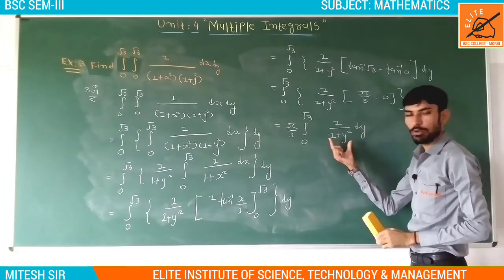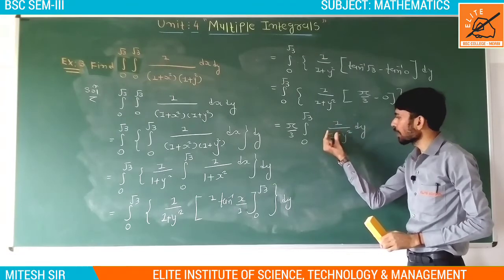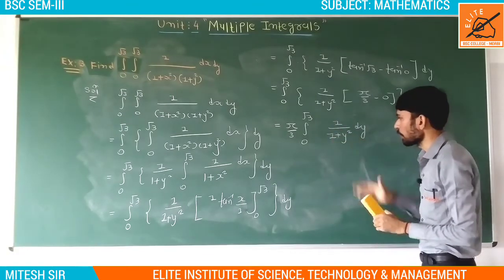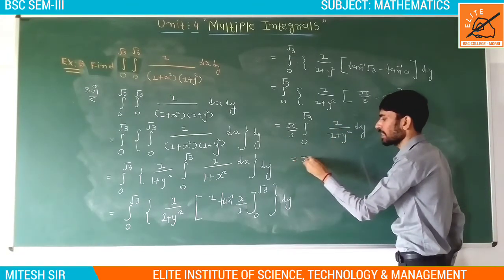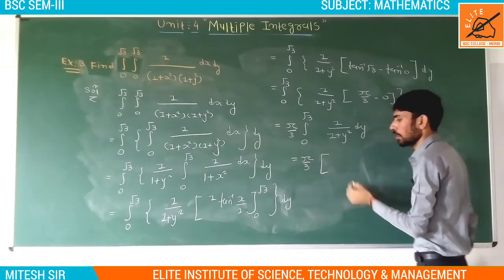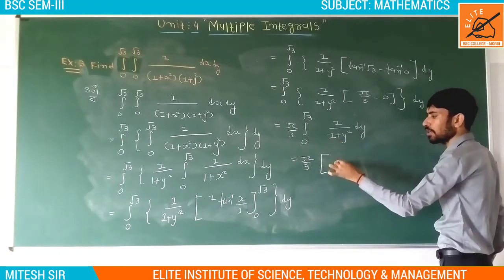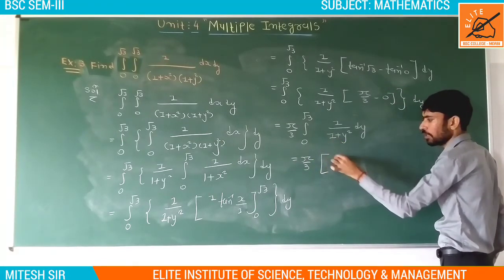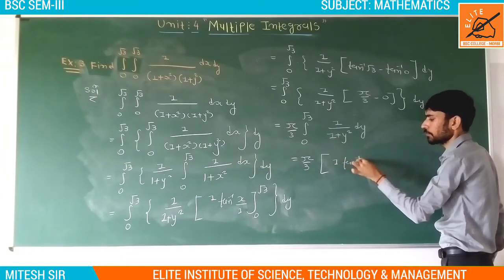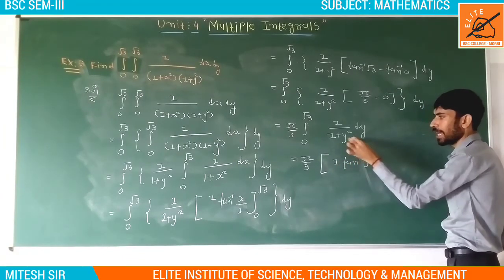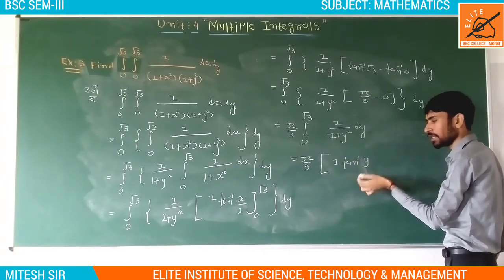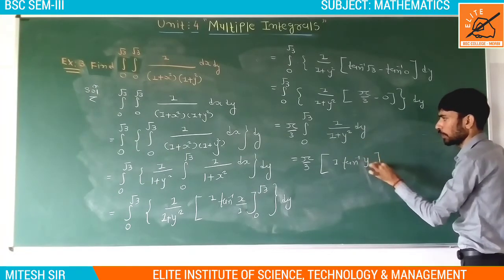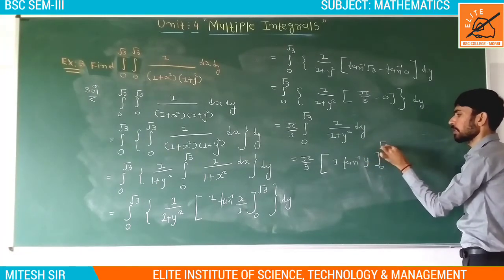Again here we apply the formula of tan inverse, 1 upon a square plus y square into dy. So pi by 3 as it is, 1 upon a, our a is 1, so 1 upon a is 1, tan inverse y upon a, our a is 1, so y upon 1, into limit 0 to under root 3.